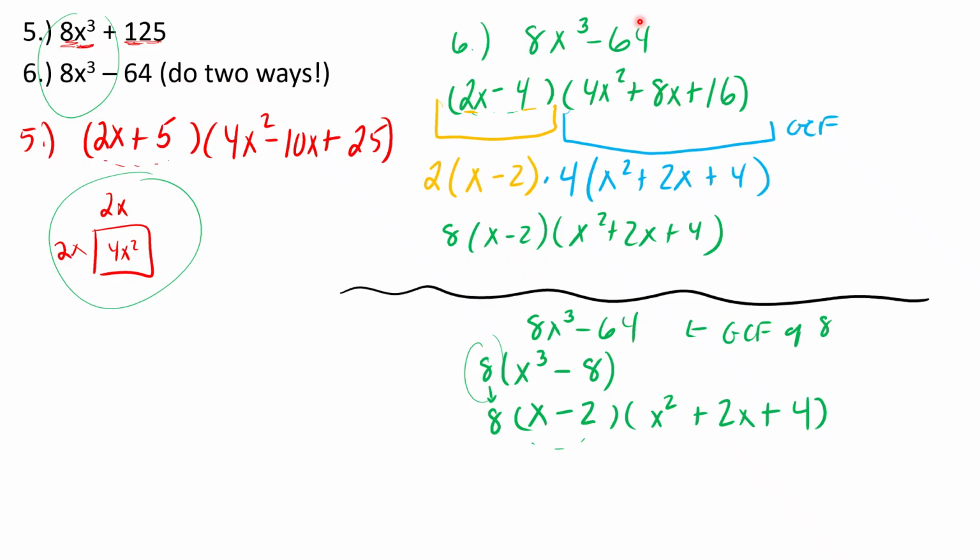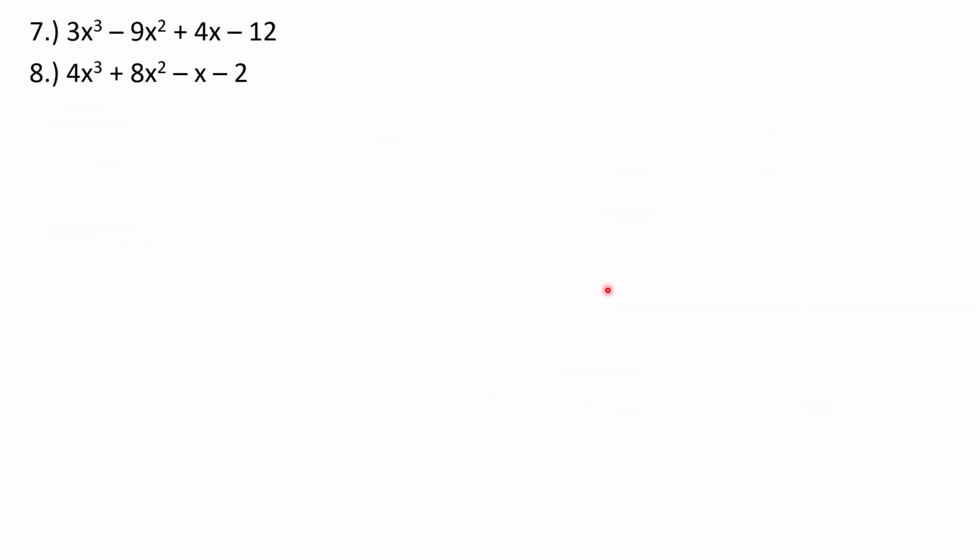I think it's easier to spot the GCF first, because then when you're doing your difference of cubes, you're working with smaller numbers. But both ways work, and I just wanted to draw your attention to the fact that there is more than one way to do this and give you some options for like, what do you think is the better way? I think it's less error prone if you go and get that 8 at the beginning. My own hot take though.